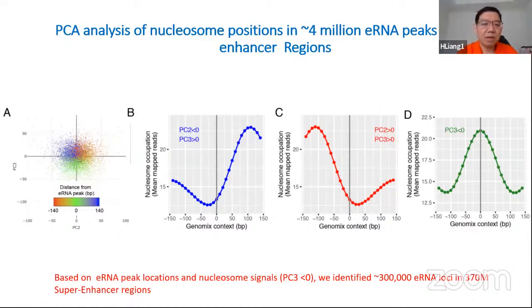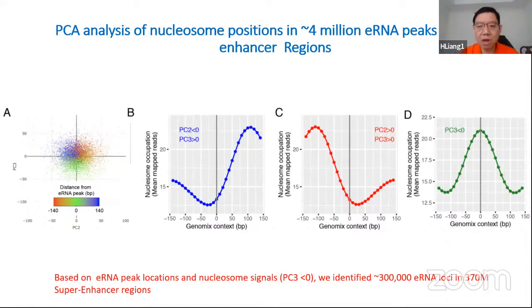So based on that ERA peak and the nucleosome signal, using just PC3, we could identify nearly 300,000 ERA in 373 super enhancer regions. For each super enhancer region, there's only about 120 base pairs.